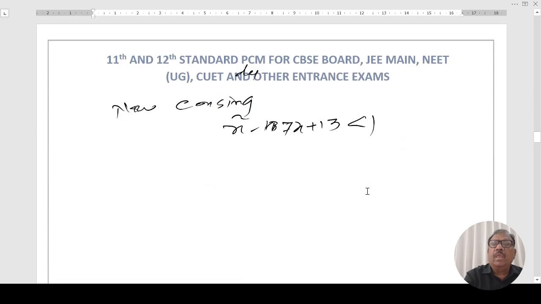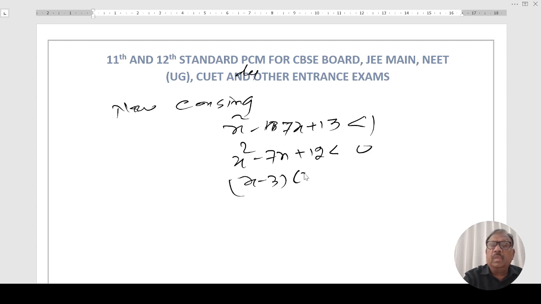This comes out to be x square minus 7x plus 12 less than 0, that is (x minus 3)(x minus 4) less than 0. Means x belongs to (3, 4).